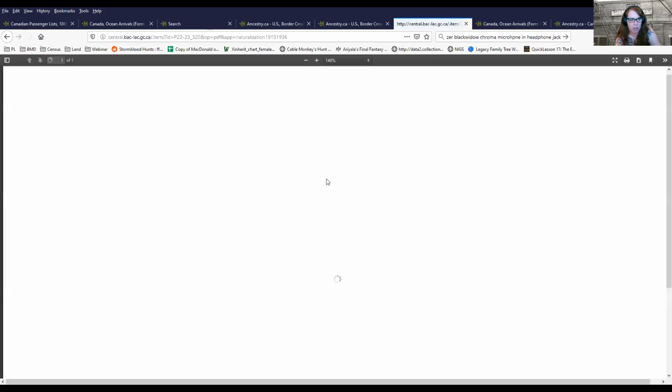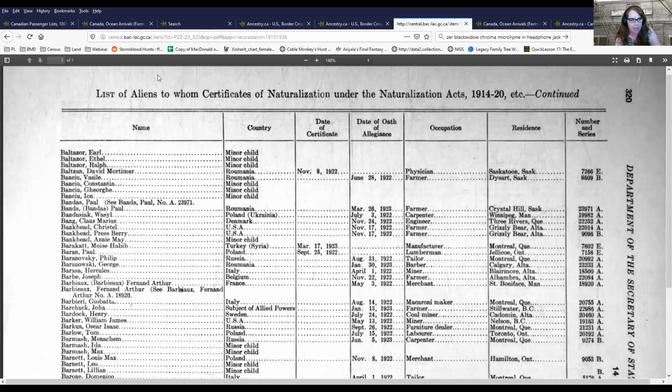You want to bring that PDF up. And this gives you all the details that you will need in your application. Name, country, date of the certificate, residence, and most importantly, over on the left here, the number and series. This is how they're going to find that application paperwork.